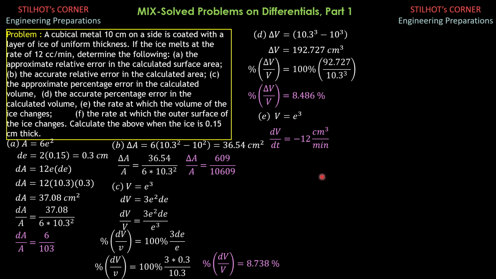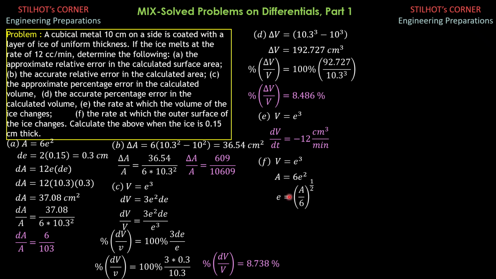Then finally, the rate at which the outer surface of the ice changes. We are looking for the time rate of change of the surface area. So we must express volume in terms of area. We change E in terms of surface area. Area is 6 times E squared, and volume is E cubed. So E is the square root of A over 6, or A over 6 to the 1/2.